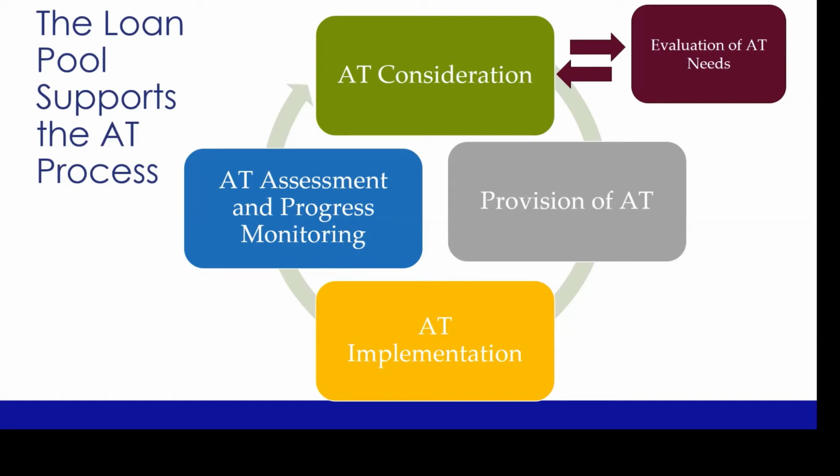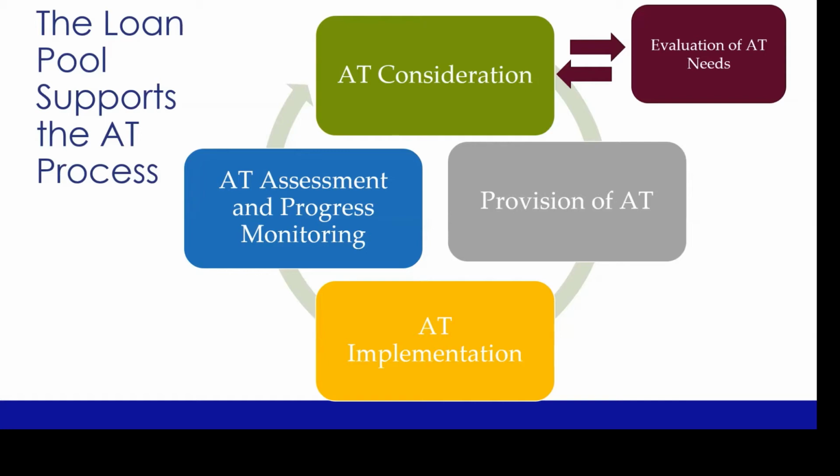During assistive technology consideration, we begin to think about where assistive technology may be helpful for a student. As part of the AT consideration, an evaluation of AT needs is performed.